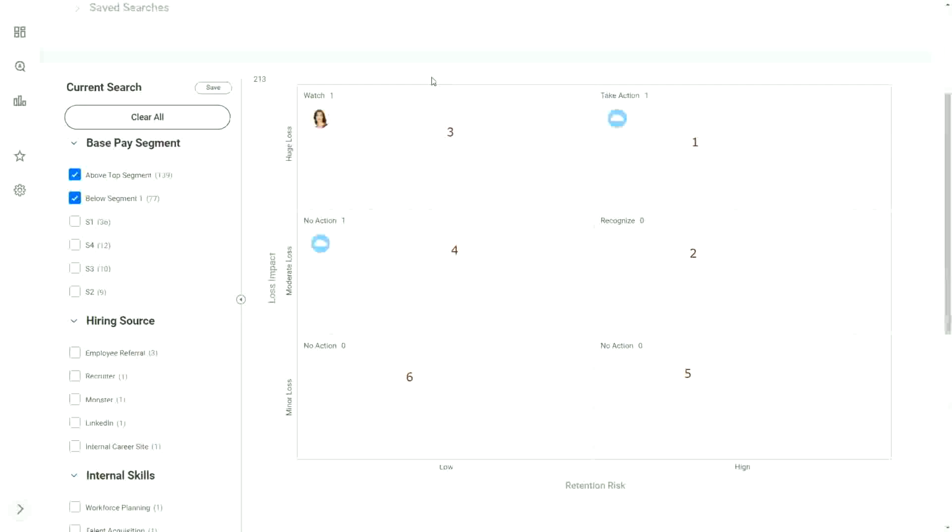So they are trying to automate it, they're trying to use a lot of AI to come up with this information. But as of now, it is a field that the manager needs to enter, whether it is a high impact or low impact, or if it's a high risk or a low risk, right? So, as of now, it is mostly based on perception.